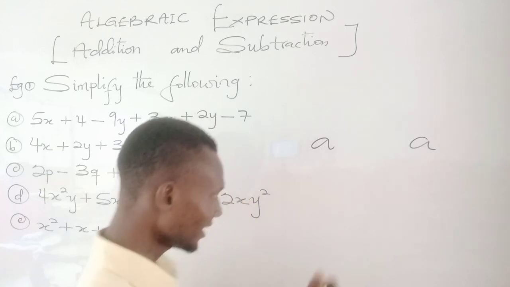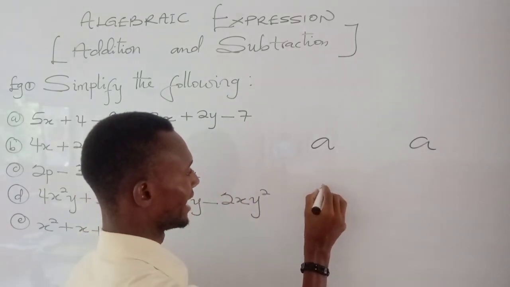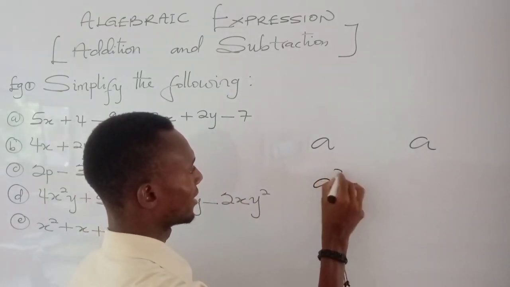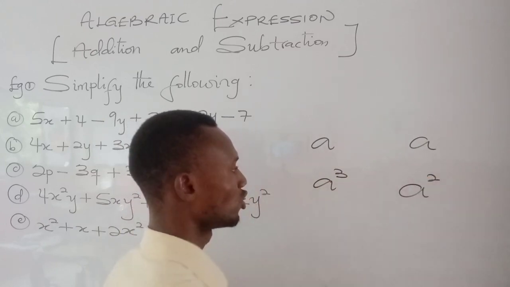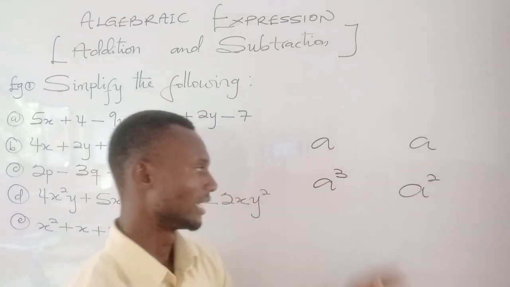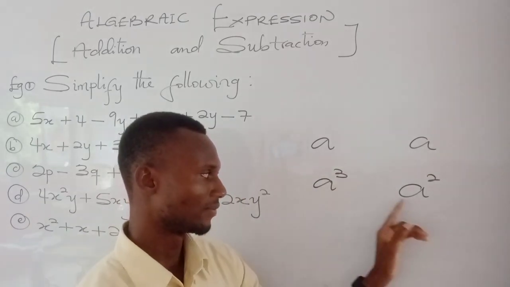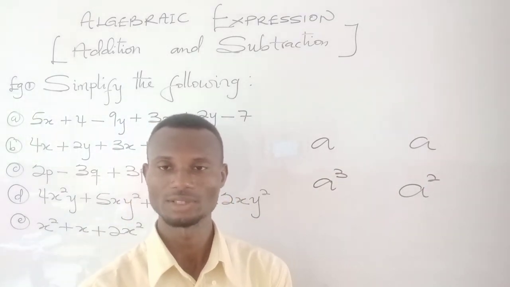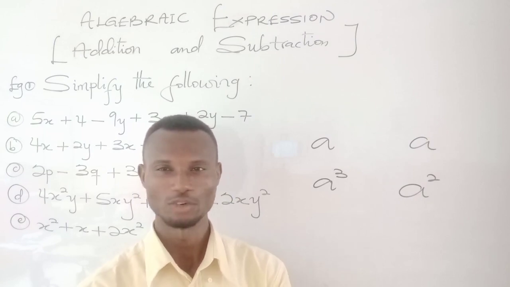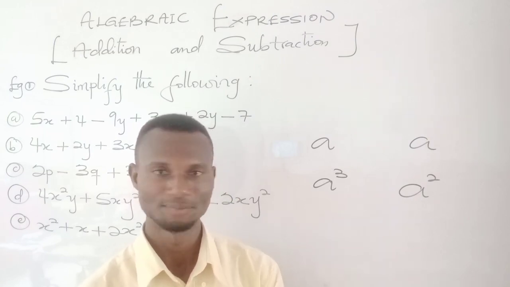Now let's say I have A to the power 3 and I have A to the power 2 on the board. This is A to the power 3 and this is A to the power 2. Are they like terms? No, they are not like terms. Why?